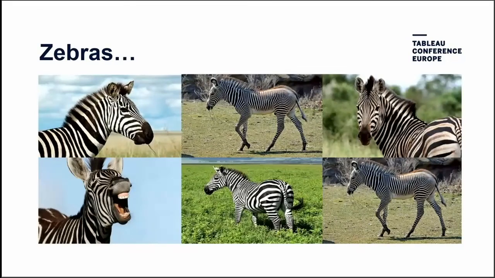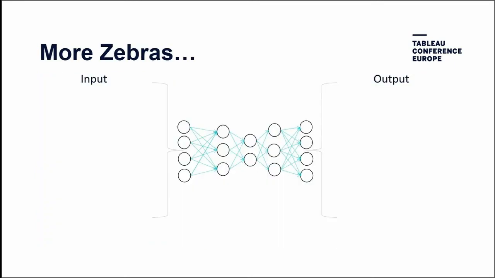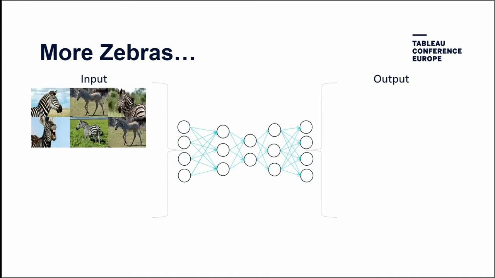Let's say we have a data set of zebras. Many pictures of zebras. Then we have our neural network, and we will put the data set with the zebras into the neural network. So now the features could be, for example, color, size, teeth, ears, whatever.